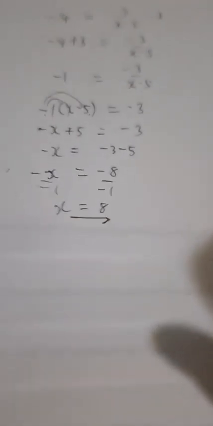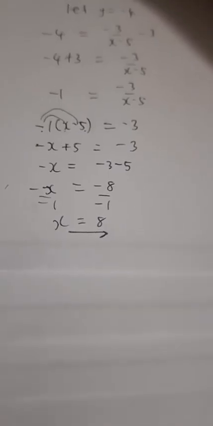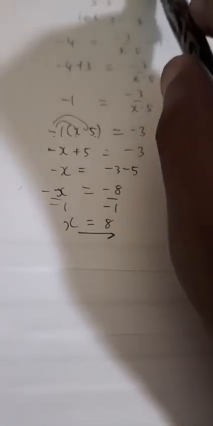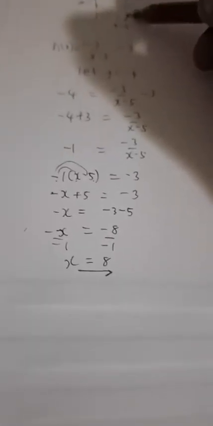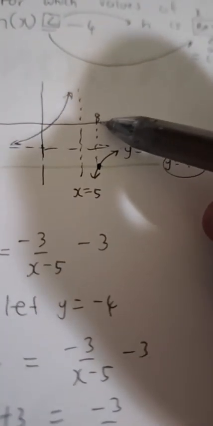So the corresponding x value, where the function of h is on the line y is equal to -4, is x is equal to 8. So where x is 8, that's where the function is on that line, guys.